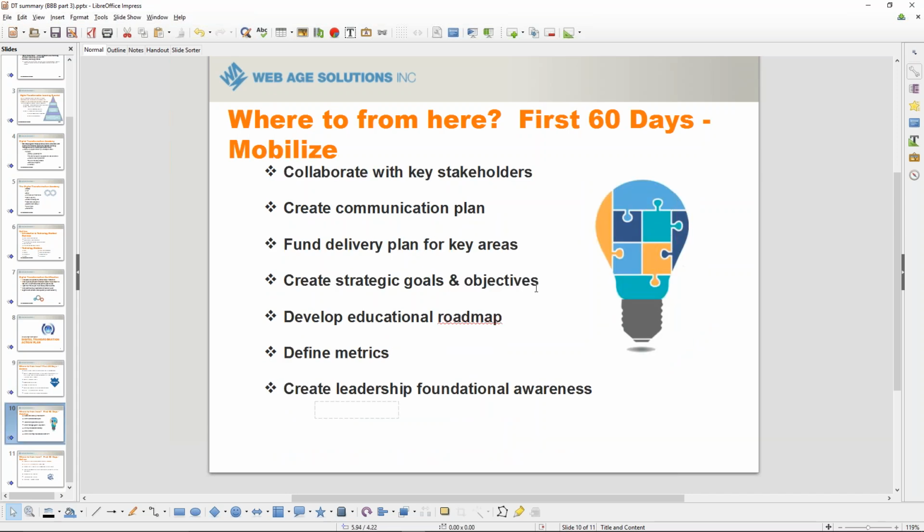For 60 days, what we need to do is, a big chunk of the change effort is going to be getting stakeholders in place. In any transformation, any organizational change, there are people whose location in the company shifts.